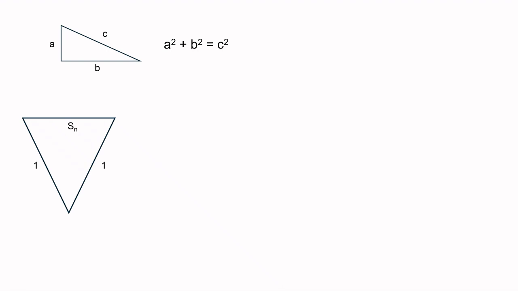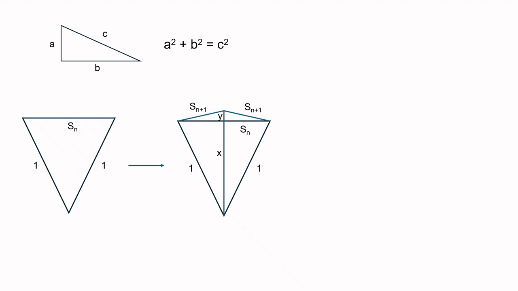We call that line segment Sn, and its length Sn, and we assume that we've obtained that after n iterations. So from the knowledge of Sn, can we calculate the next iteration Sn plus 1?